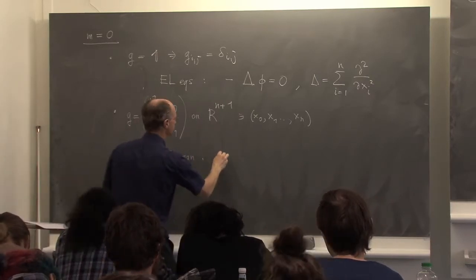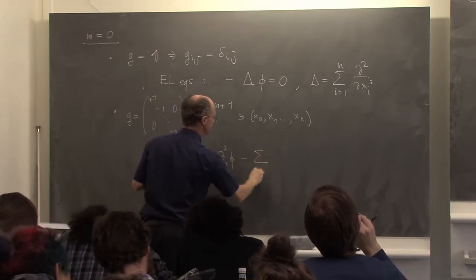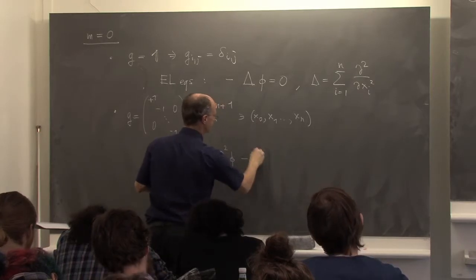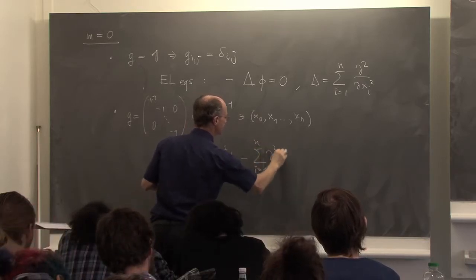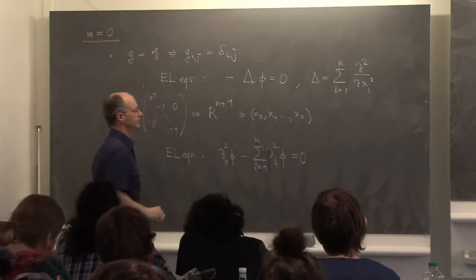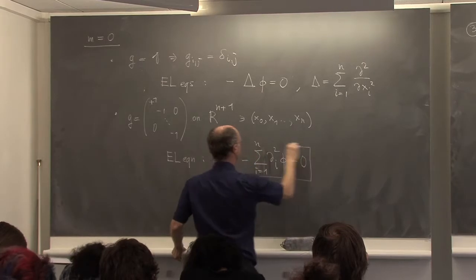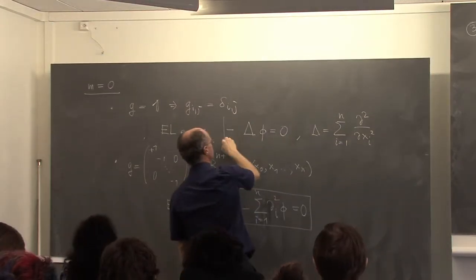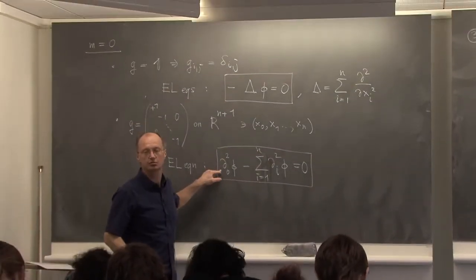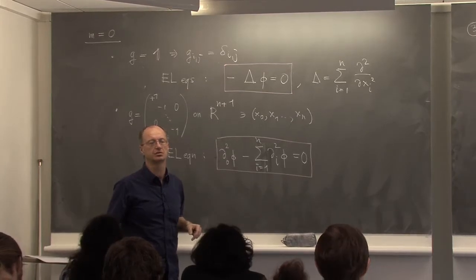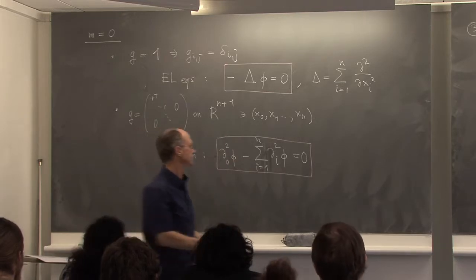Maybe I change the sign, so it will be d0 square phi minus sum from 1 to n di square phi is equal to 0. And so this is also a very famous equation in physics and mathematical physics and in the theory of PDEs. So what's the name of this equation? Right, that's the Laplace equation. What's this equation? Wave. Yeah, so that's the wave equation.